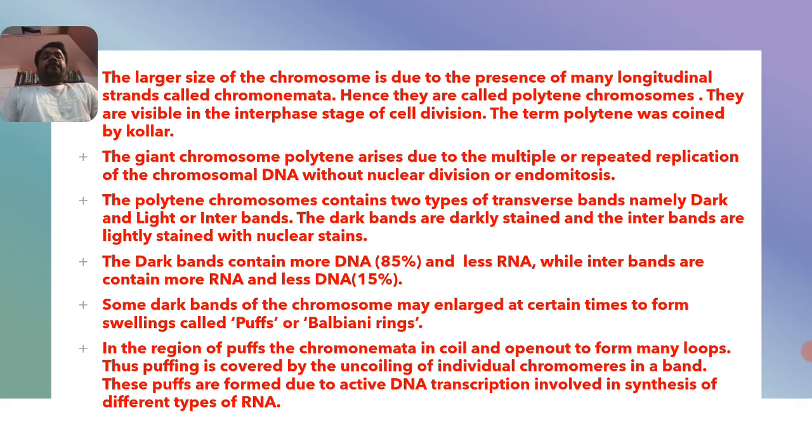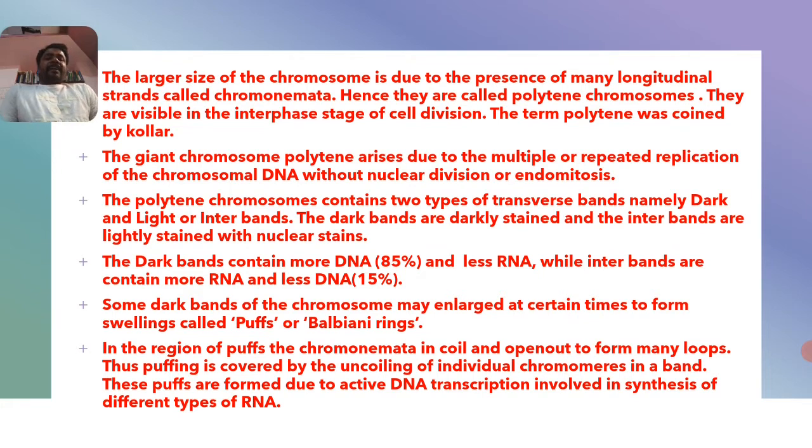In the region of puffs, the chromonemata uncoil and open out to form many loops. They form loops above the surface where the balloon-like, swelling-like or puff-like structure is formed.